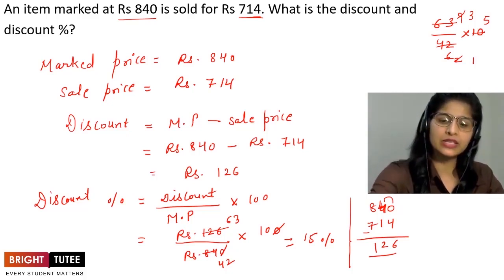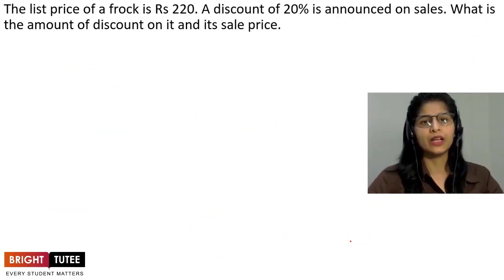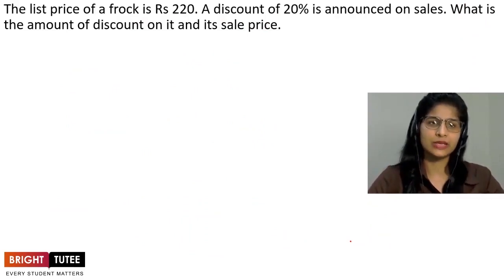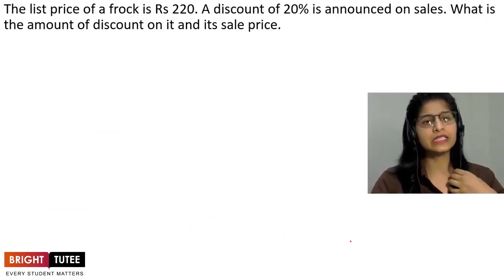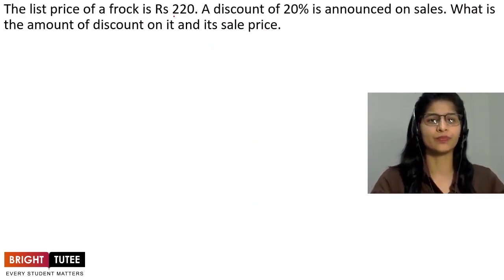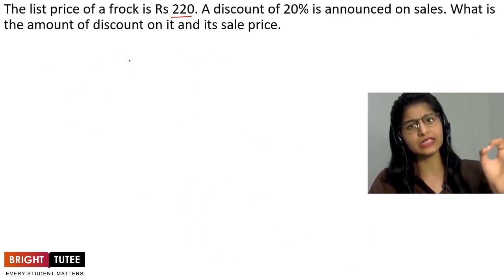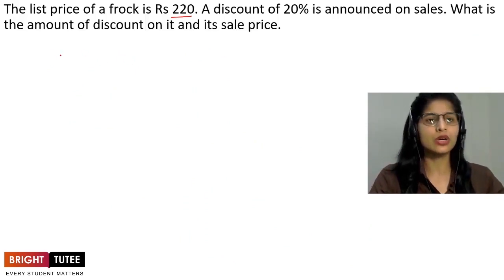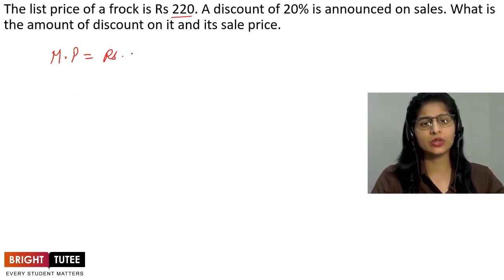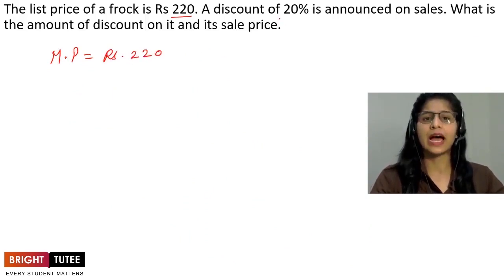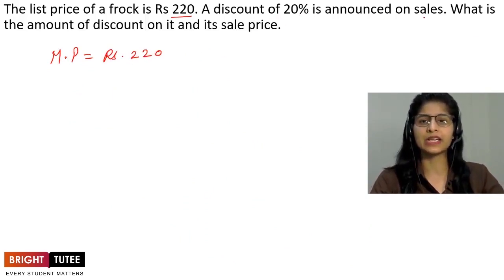Okay. Now just see here one more example to clear the concept. It says the list price of a frock is rupees 220. List price means that is on the list written, on the marked written. So we will write marked price. It is rupees 220 and discount of 20% is announced.